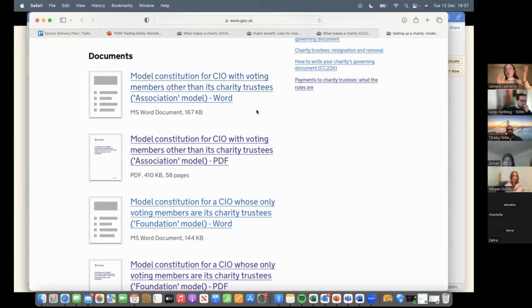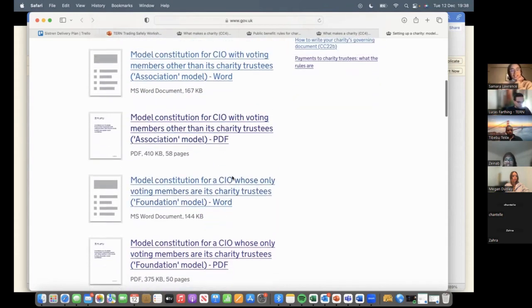So if you're looking for a really straightforward organization, the foundation model is more straightforward. You can change if at a later point you'd rather have more company law members, but I would probably just stick with the foundation model to start with.